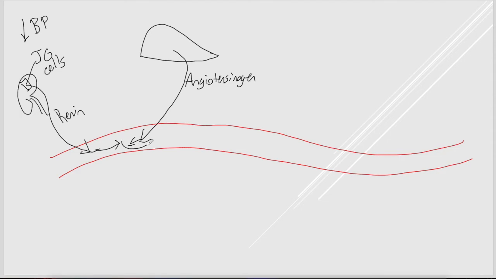And when they do that, renin is going to basically cleave this off. Remember, when you see that ending -ogen, it means inactive. So renin is going to cleave angiotensinogen, and that's going to produce angiotensin 1. Okay. Now, our next organ here, a pair of lungs. All right. And the lungs are going to produce an enzyme called ACE.